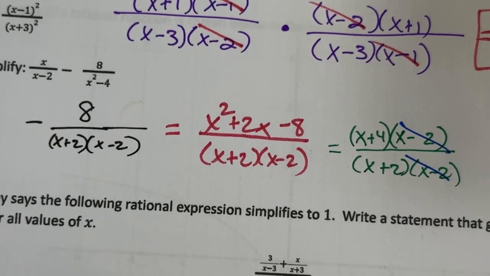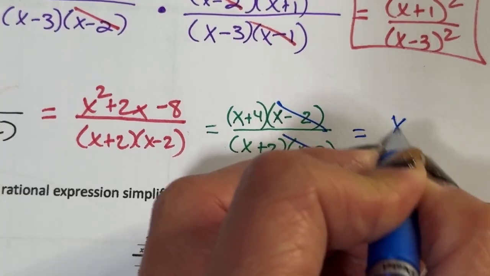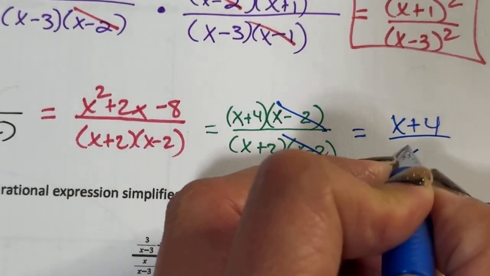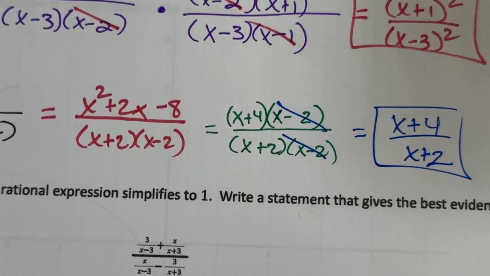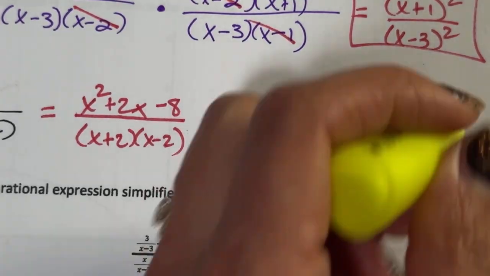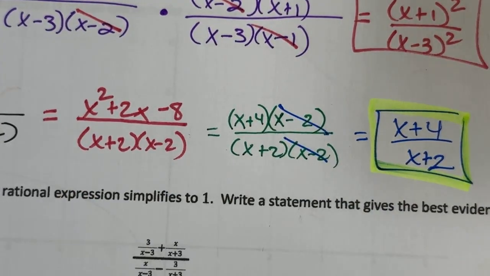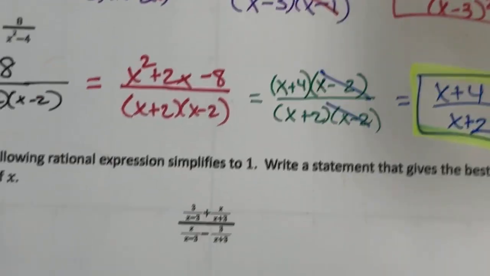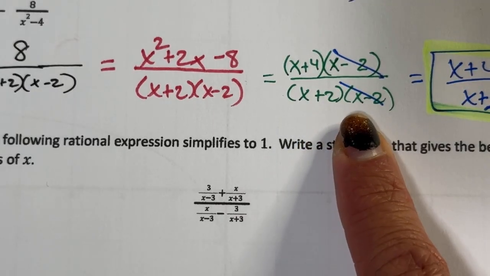Now, it doesn't say to state the restrictions, so we're not going to worry about it. We're just going to put x plus 4 over x plus 2. Bada bing, bada boom. If you were to state the restrictions, though, x can't equal plus or minus 2.